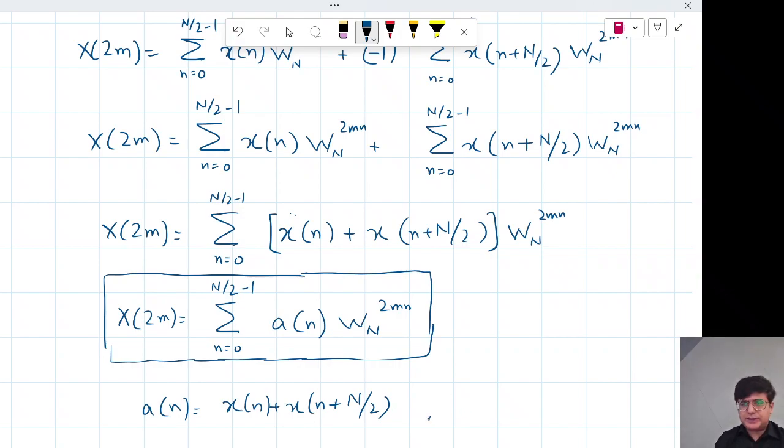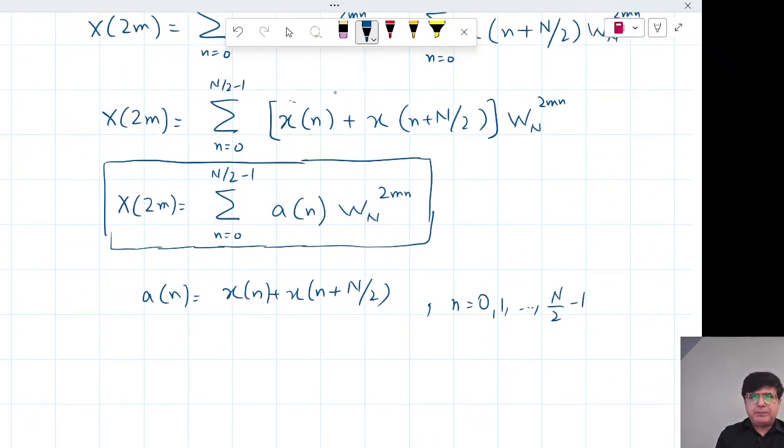And in this sequence, this n goes from 0, 1 up until N over 2 minus 1, because you see this sum is going from 0, 1 up until N over 2 minus 1. Clear?